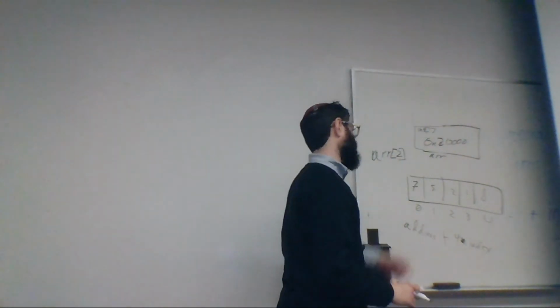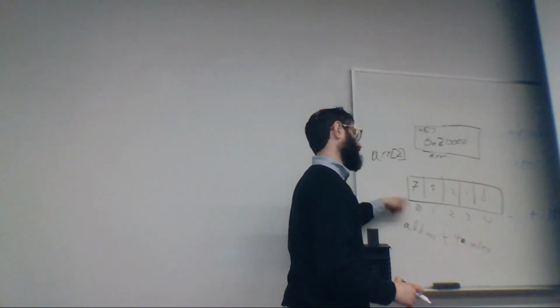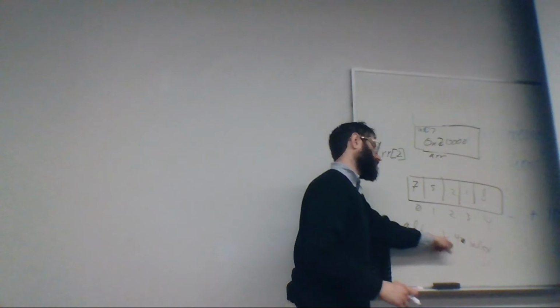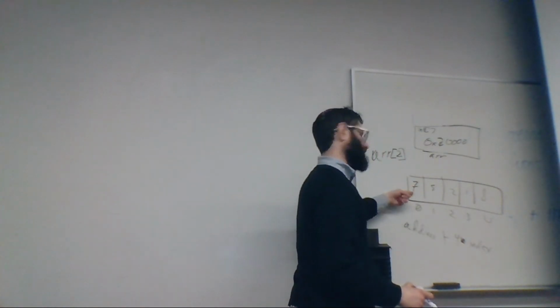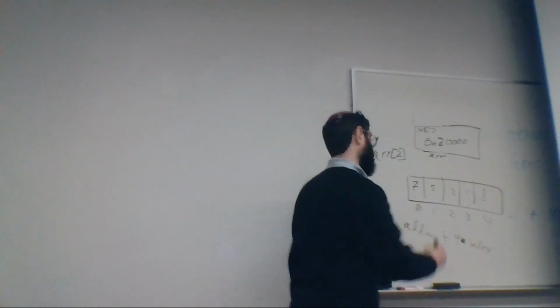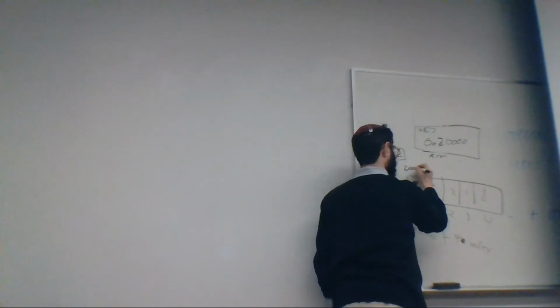So I do 4 times the index that you pass into me. For index 0, it says address plus 4 times 0, which gets me to memory location 20,000.